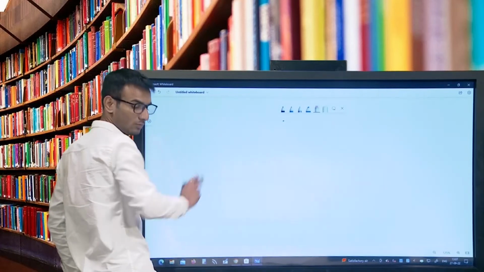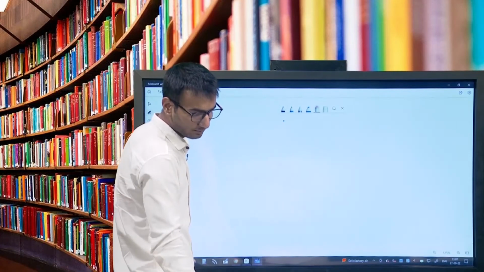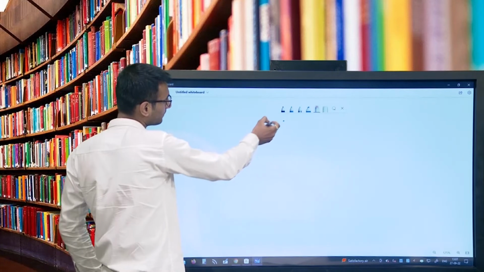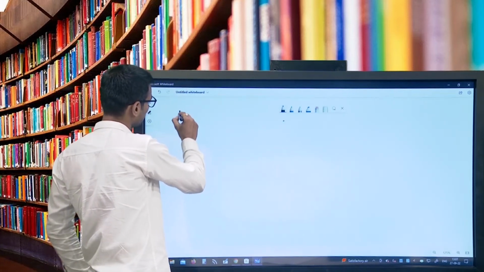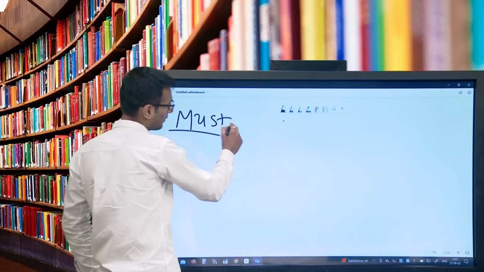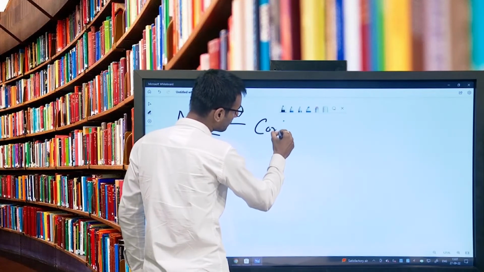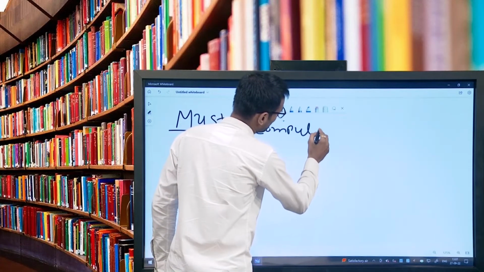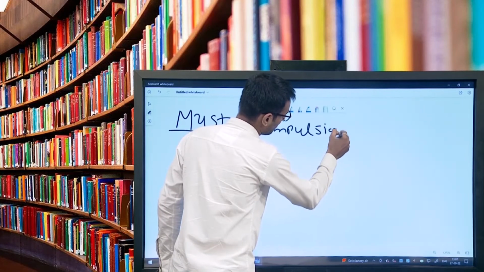Now let's look at another one, that is must. As we discussed earlier, it shows compulsion.